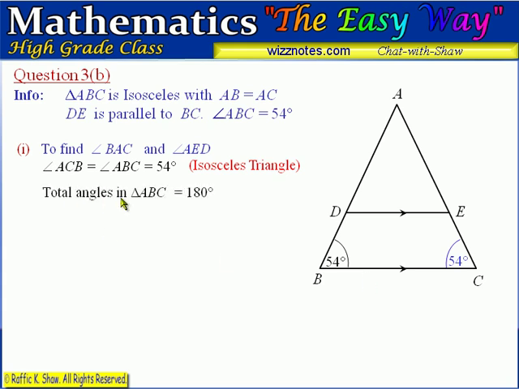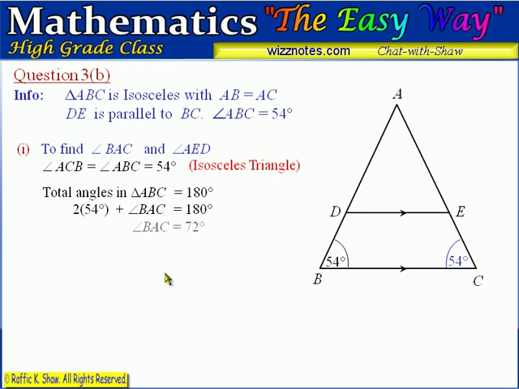And so the total angles in triangle ABC is 180 degrees, and therefore 2 multiplied by 54 degrees plus the angle at A, angle BAC, is equal to 180 degrees. That's the 54 degrees here, and the 54 degrees here, that's 2 times 54 degrees plus the angle at A, angle BAC, which we want to find. Those three angles add up to 180 degrees.